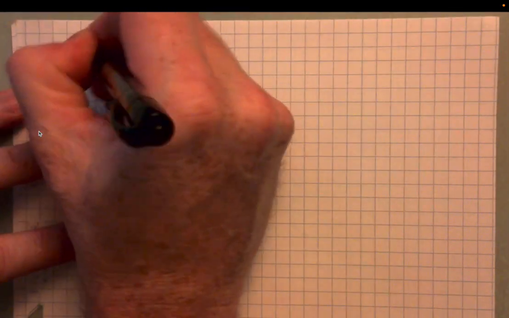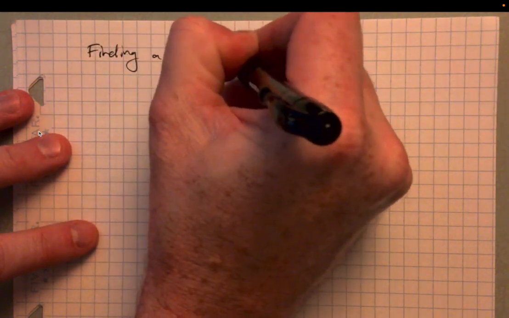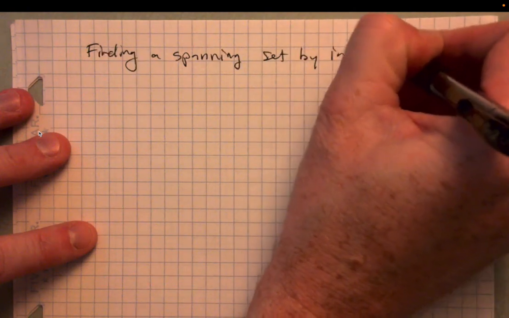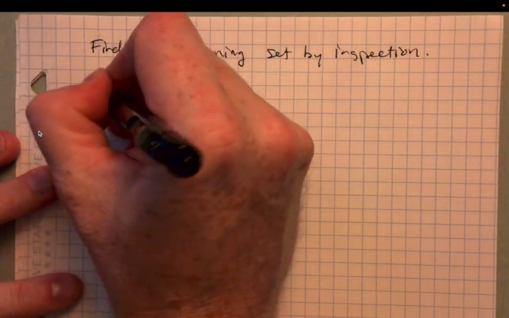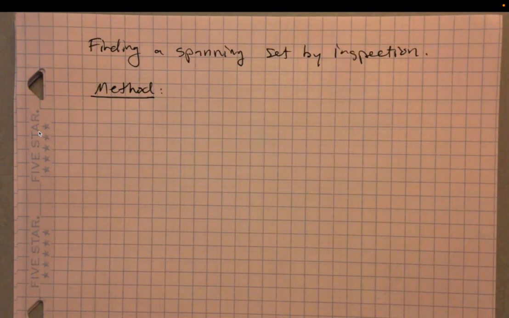So sometimes a spanning set can be found by inspection. And there's a method to this. Here's the method in general.